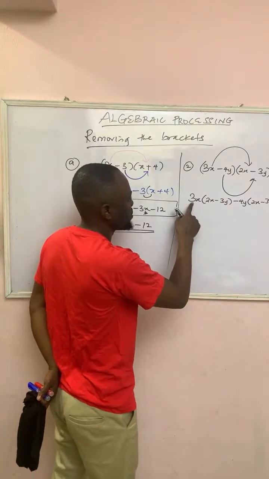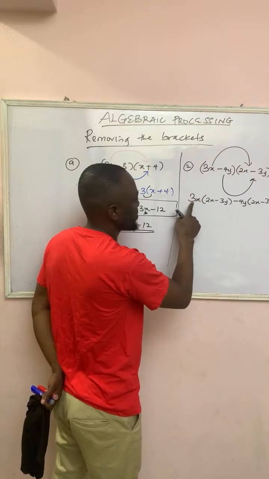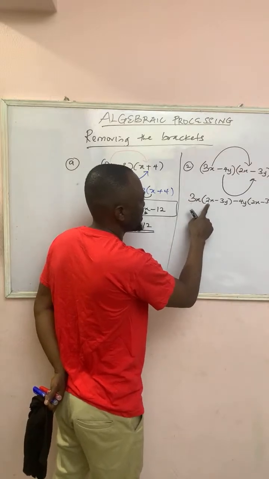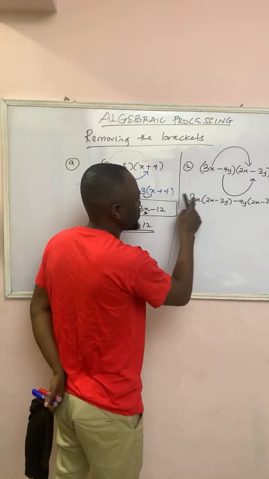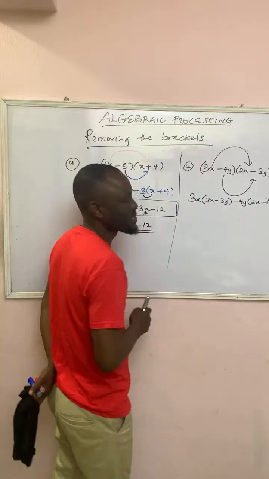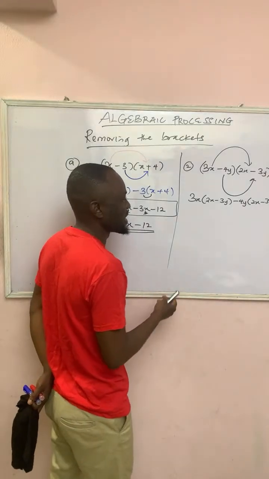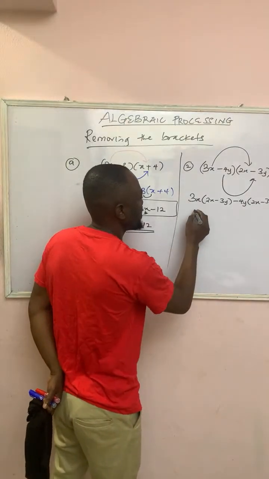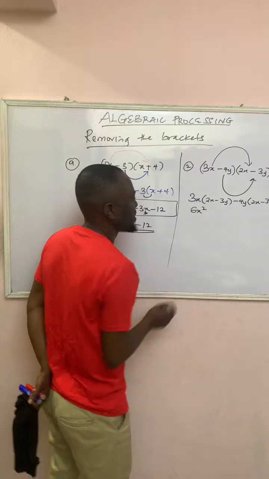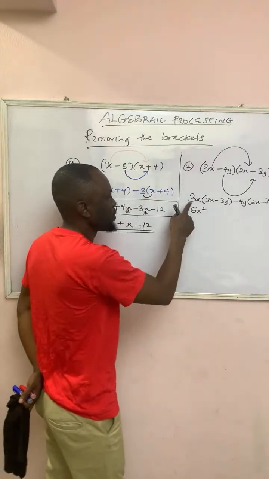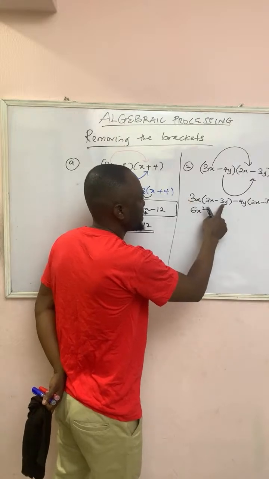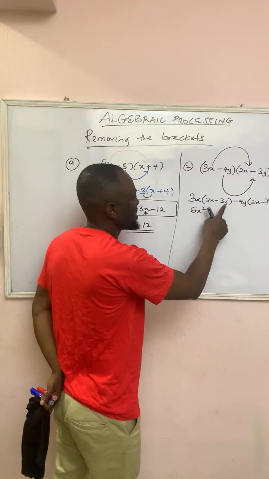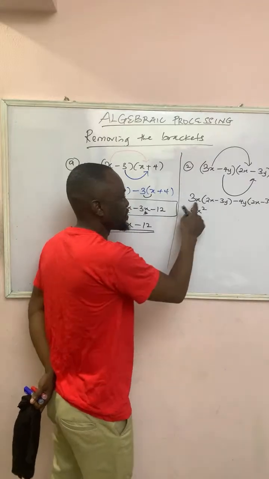So what we're going to do, you can see, this is 3 times 2 is 6. x times x is x squared. If you look at the two signs, they are positive, so identical. So we have positive 6x squared. All right? So for the other one, this multiplied by this, 3 times 3 is 9. x times y is xy.